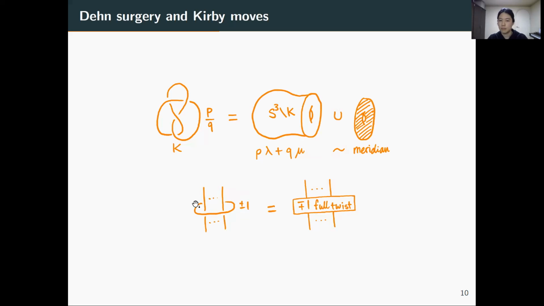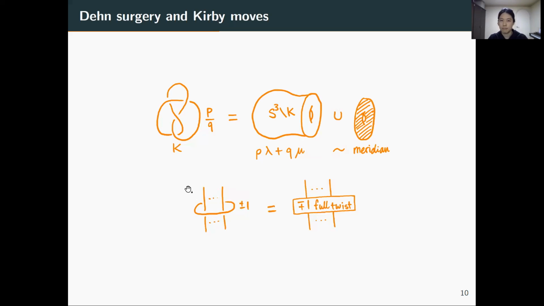Then we can remove this component at the cost of putting either -1 or +1 full twist on all the other strands that pass through it. And it turns out that the resulting 3-manifold that we get as a result of the Dehn surgery remains the same.